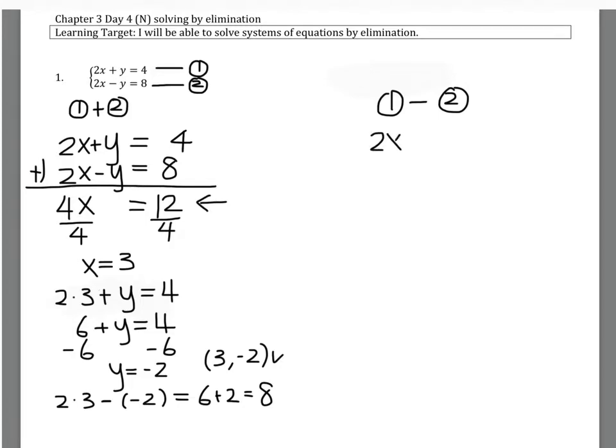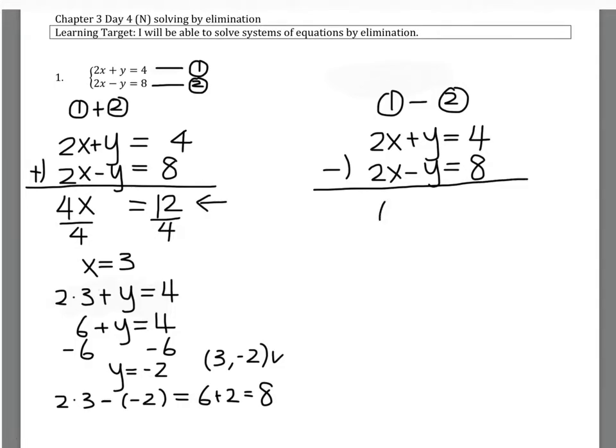So I have 2x plus y equals 4, and 2x minus y equals 8. 2x minus 2x is 0x. Y minus negative y, please keep in mind you are subtracting, becomes 2y. 4 minus 8 is negative 4.